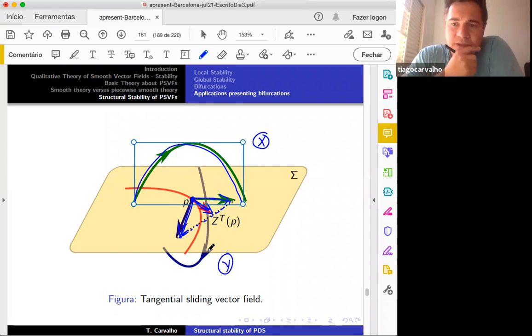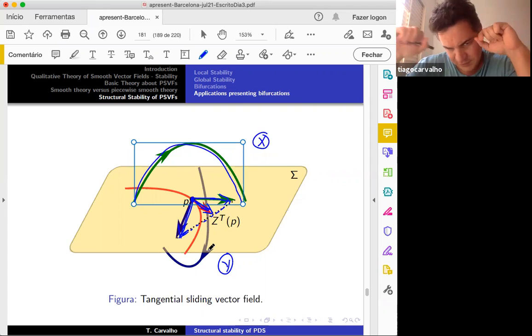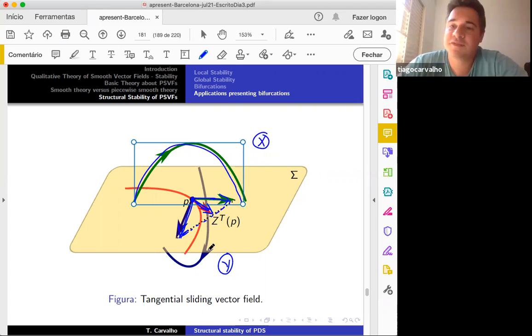Okay. Again, to the best of my knowledge, this is not provided. This is not done in the Filippov book. Okay, Filippov doesn't consider this case, but it's possible to have a sliding motion at these simultaneous tangent points, this simultaneous tangency curve, tangency line.